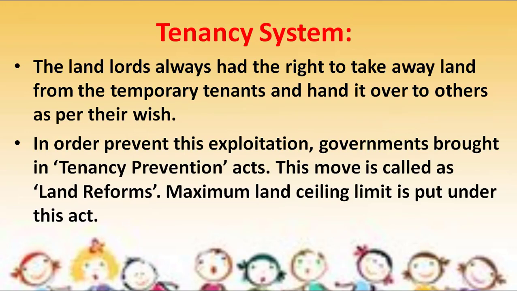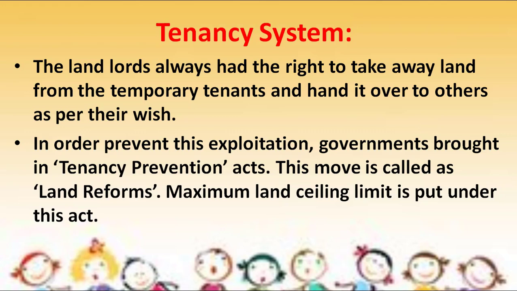The landlords always had the right to take land away from temporary tenants and hand it over to others as per their wish. In order to prevent this exploitation, governments brought in Tenancy Prevention Acts. This move is called land reforms. A maximum land ceiling limit is put under this act.